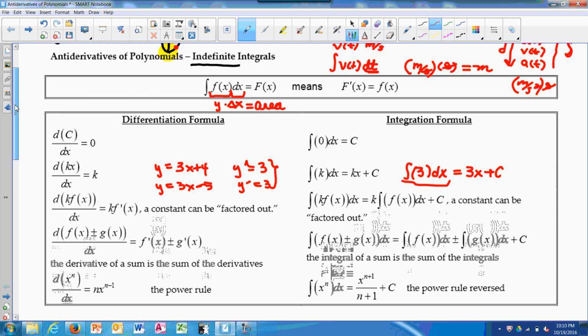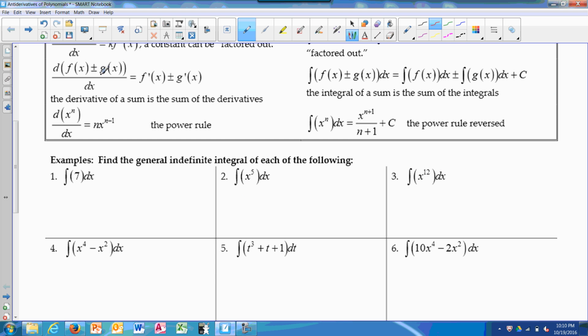Similar to how taking the derivative of addition and subtraction was just normal, integrating with addition and subtraction is also normal. We can do them separately, but we do need to remember that plus c. Now, when we took the derivative with the power rule, we brought the n to the front, and then we subtracted 1 from the power.